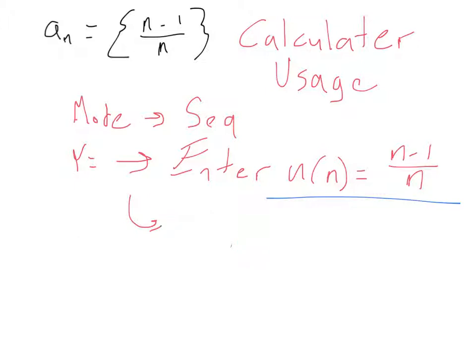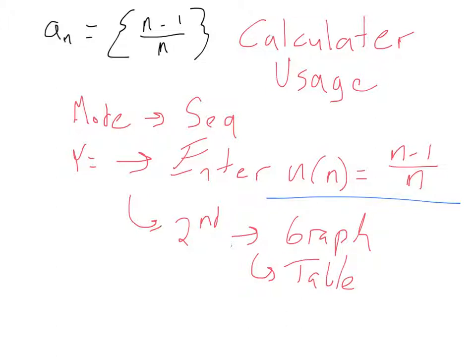That brings you to your table, and that should give you all of the different terms of that sequence as high as you need to. You can just continue to scroll down, and that gives you all the terms.